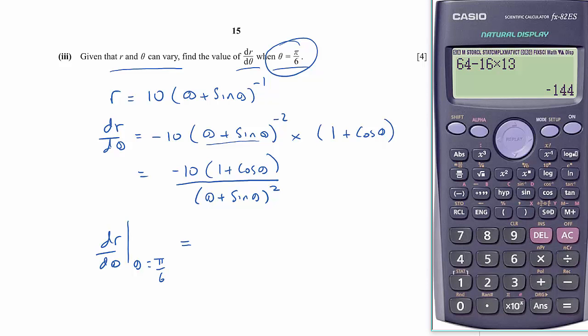So what have we got? Oh, first of all, let's make sure the calculator is in radians. And I have negative 10, open a bracket, 1 plus cos of pi by 6.